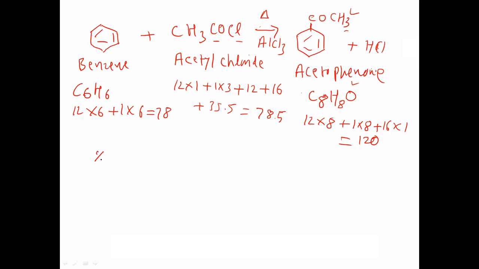So percentage atom economy is equal to the molecular weight of product, acetophenone (AP), divided by the molecular weight of all reactants.